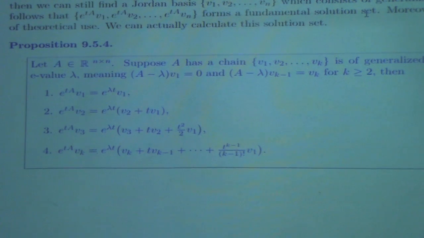If I have a generalized eigenvector of order 2, I get e to lambda t times v2 plus t v1. Order 3, I get v3 plus t v2 plus 1/2 t squared v1, and so forth. So anytime I have a generalized eigenvector and multiply by the matrix exponential, it truncates at finite order because of the magic formula, and I have a specific formula built from the eigenchain.